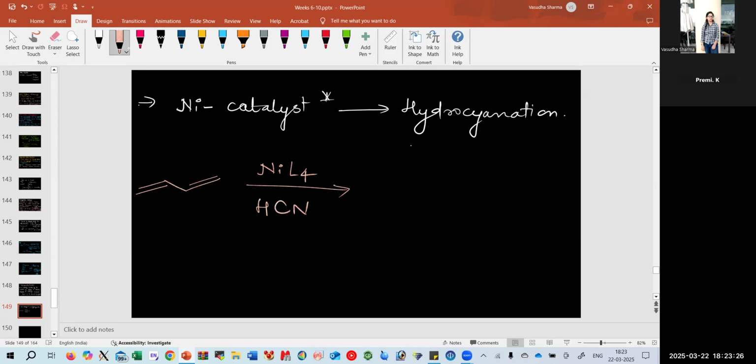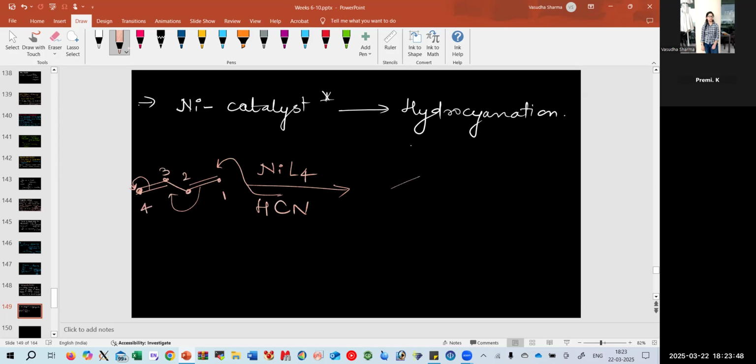Now what would really happen? The H would go and bind at one side and CN on the other side. So if your CN attacks on this position, this bond would shift here. This would create a charge on this carbon. If I name them, because there are 4 carbons, I'm naming them 1, 2, 3, and 4.